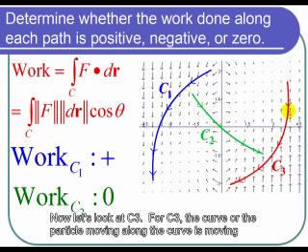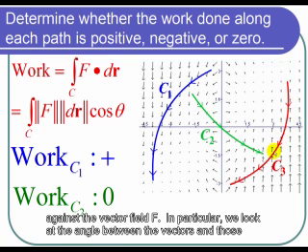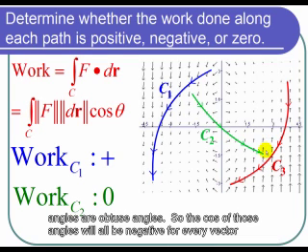Now let's look at C3. For C3, the particle moving along the curve is moving against the vector field F. In particular, we look at the angle between the vectors, and those angles are obtuse angles.